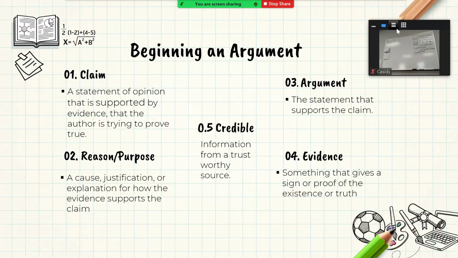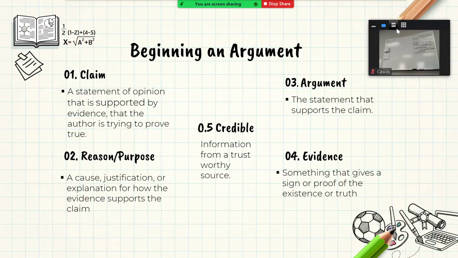That's why we usually say that Wikipedia is not a trustworthy source, because anyone can go onto their website and actually change the information. So later on in this PowerPoint, I will go over some important things when you're looking for credible sources, but credibility is a huge factor in your argument. If you do not have credible information, your whole argument can completely fall apart.